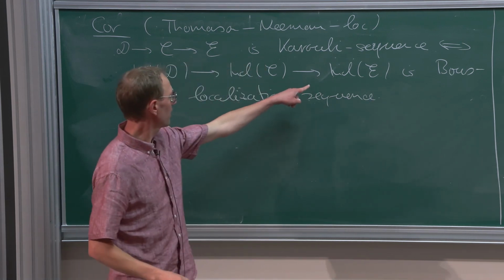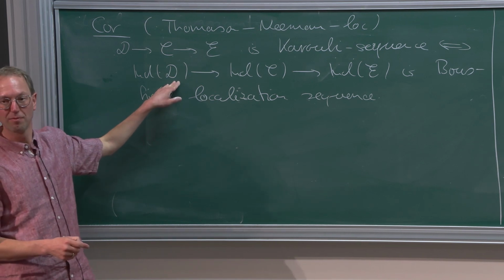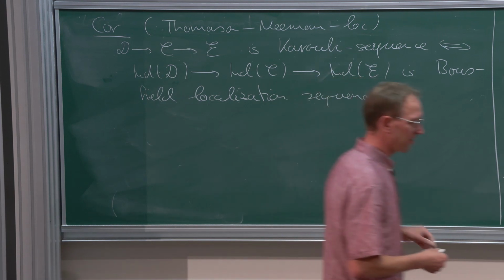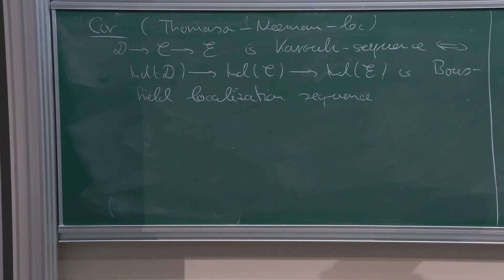So this functor has a fully faithful right adjoint, and the kernel of that functor is precisely this one here. Is it the same as saying it is a Karoubi sequence? Yes, this is also the same as saying it's a Karoubi sequence in PrL-St. But I think yes.